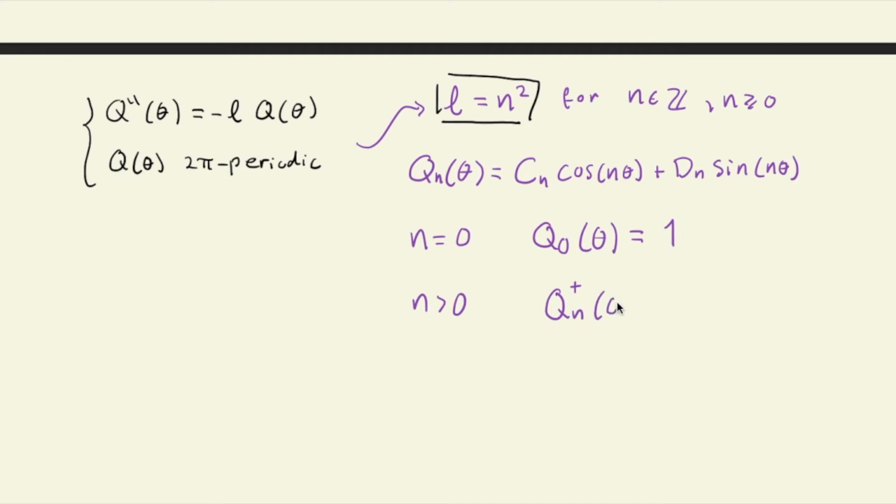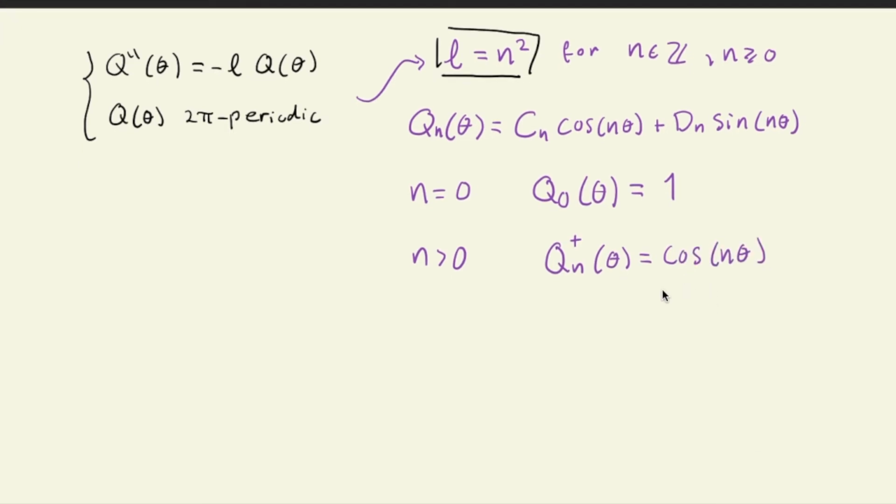q_n plus will be the cosine, and q_n minus is going to be the sine, right? Why is cosine plus and sine minus? There's no reason. Maybe instead of plus and minus, I don't know if this is going to be confusing, I'll put C for cosine and S for sine.